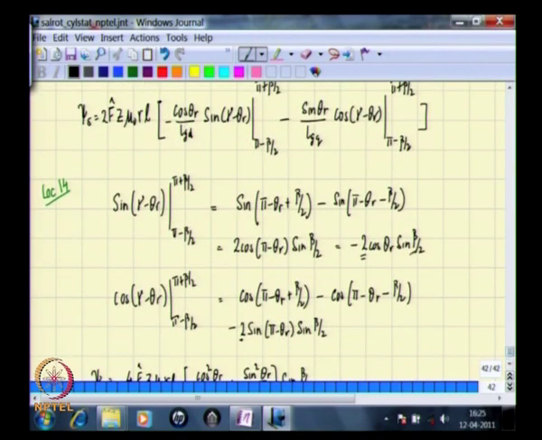Because the sin beta by 2 expression is common to both, we can take it out.